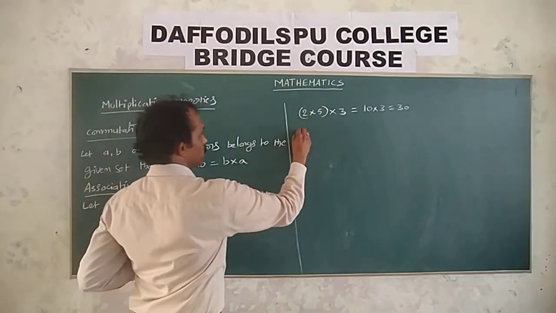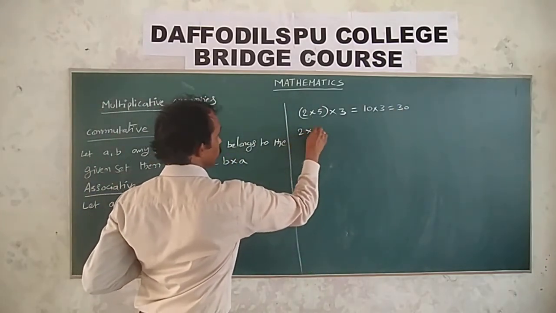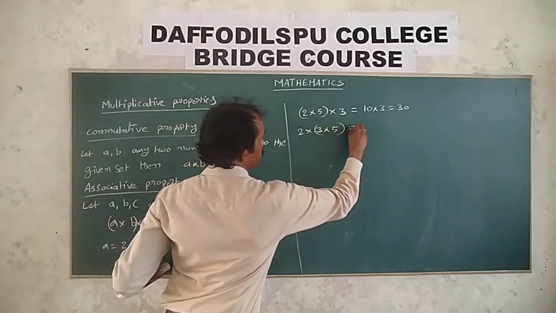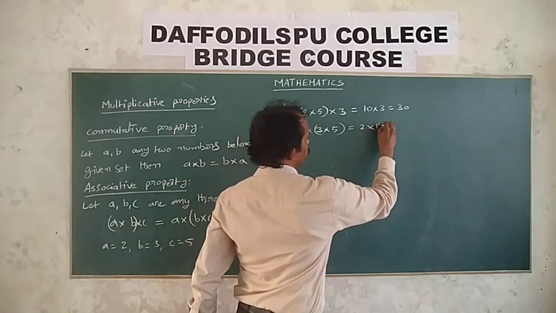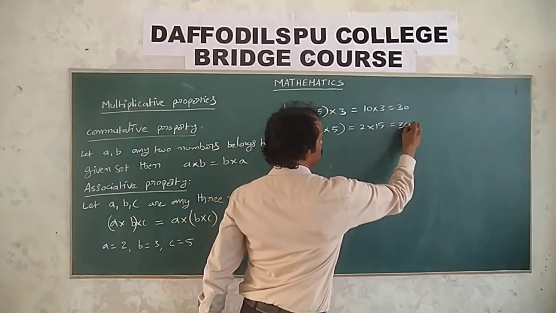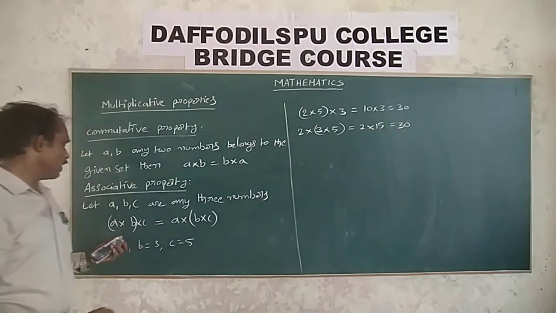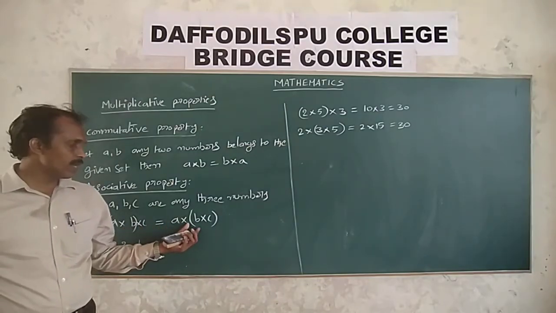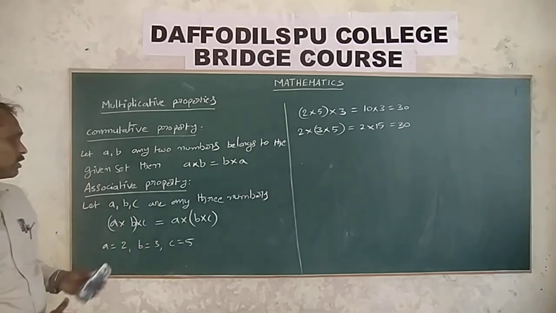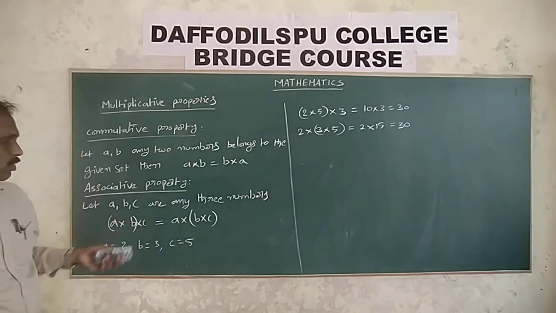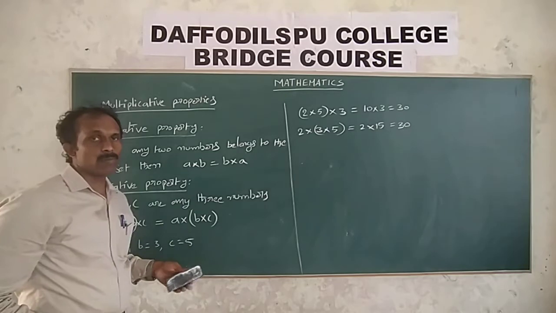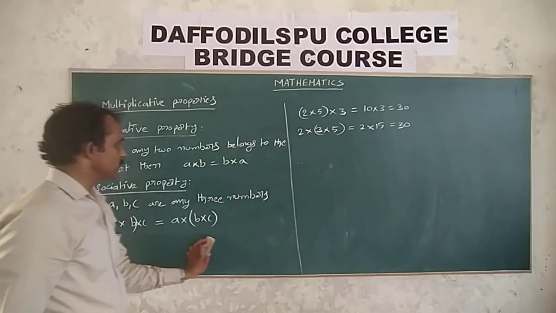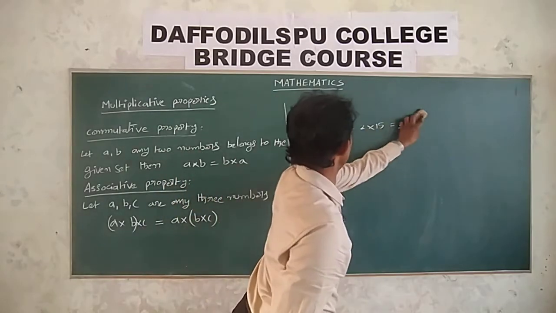RHS: first of all, this is A value 2 into B value 3 into 5, which is equal to 2 into 15, which is 30. So therefore, the associative property is satisfied. Like that we check the natural numbers, whole numbers, and integers, and they will all satisfy it.